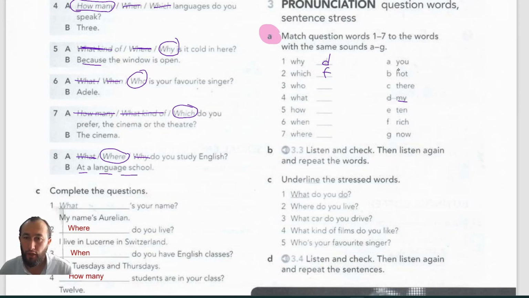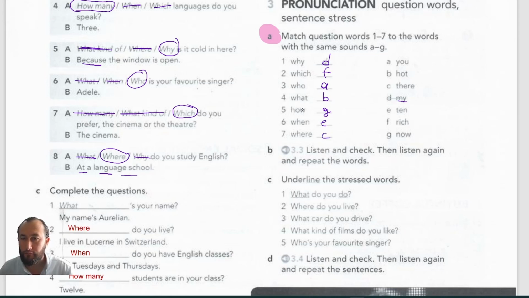Who, you, A. What, hot, B. How, now, so G. When, ten. When, ten, E. Where, there. Where, there, so C, guys.